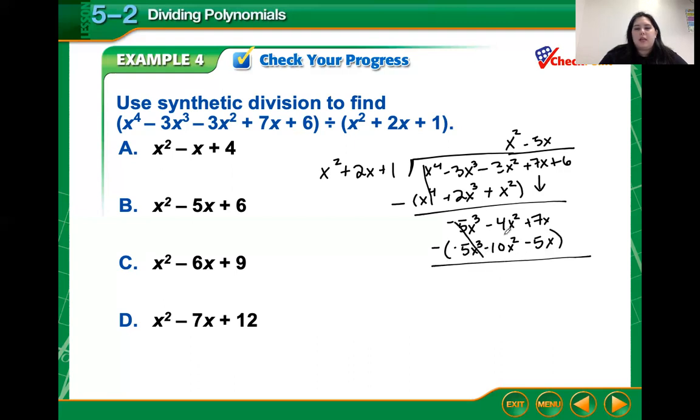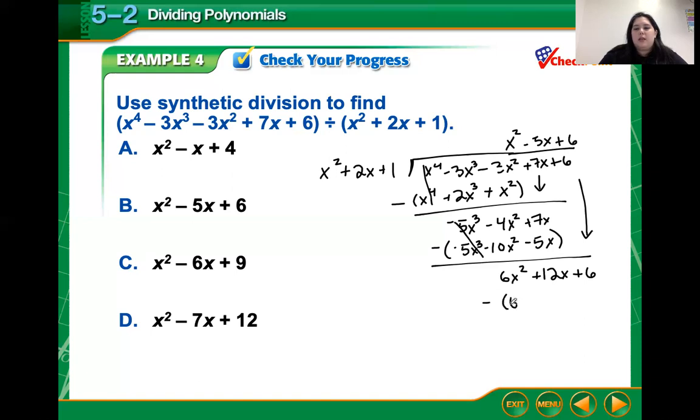Our x cubes cancel out. Negative 4 minus negative 10 is like negative 4 plus 10, which is 6x squared. 7 minus negative 5, 7 plus 5, so plus 12x. We bring down the plus 6. 6 times x squared gets me 6x squared, so I'm going to multiply by positive 6.